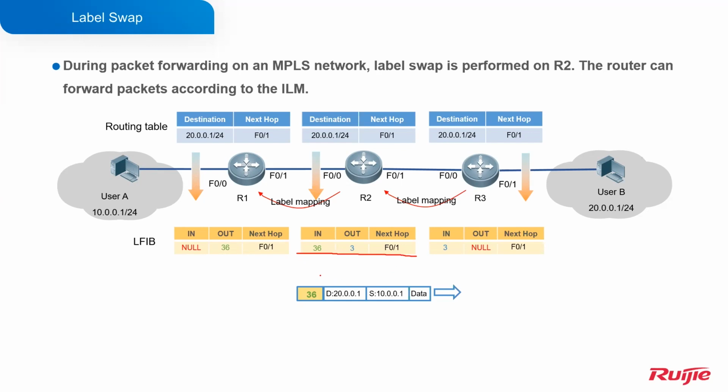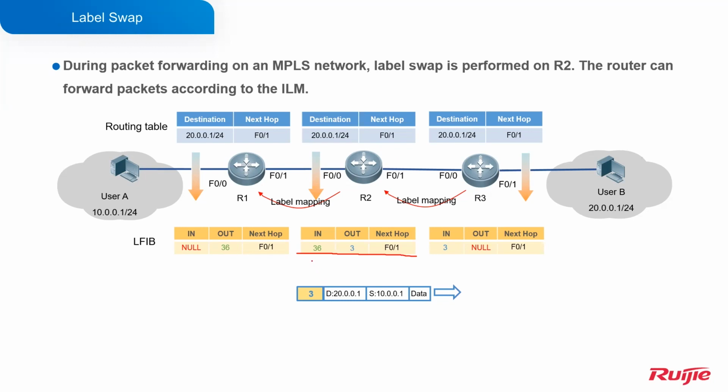And then we will find this entry is matched because every in label will be unique. And about the label, if we take the 36, then we will swap it. We will delete the 36 and add a new one, 3, because the out label is 3.